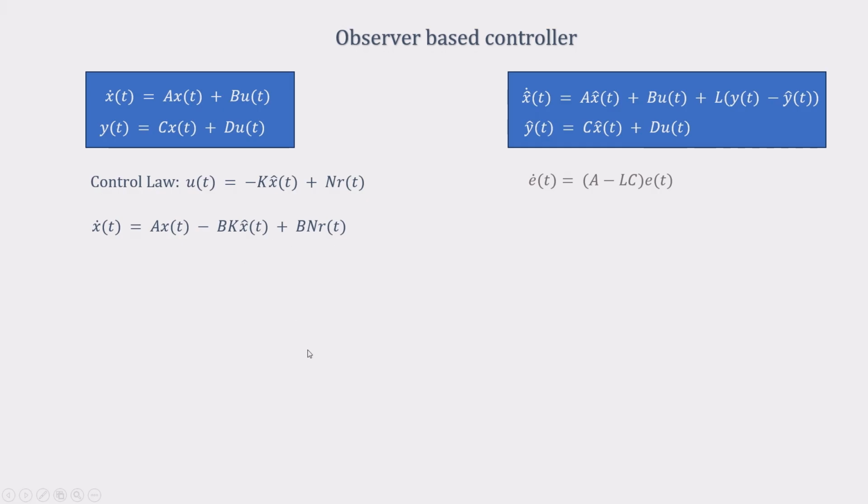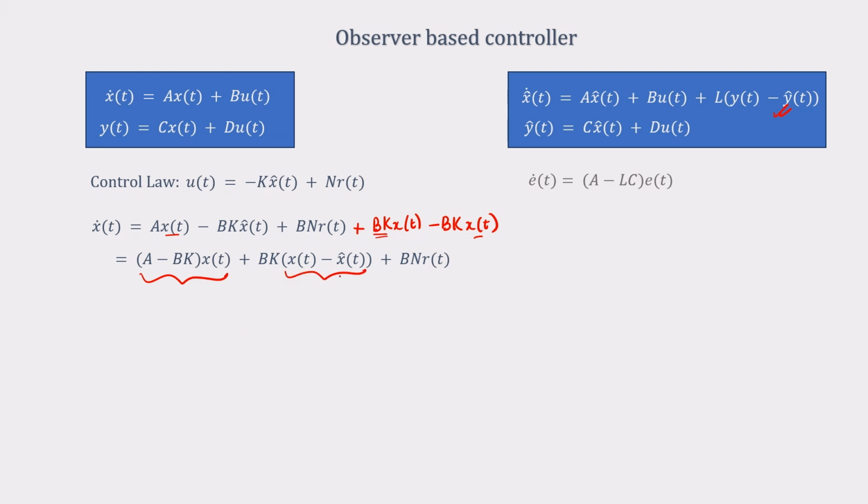Now, this equation can be rewritten in this form where basically what I have done is I have added BK x to it and subtracted BK x from it. While doing so, I can take x common from here and I get (A minus BK) x, and from here also I can take BK common, I get x minus x hat here.